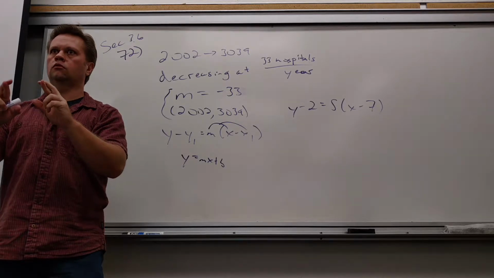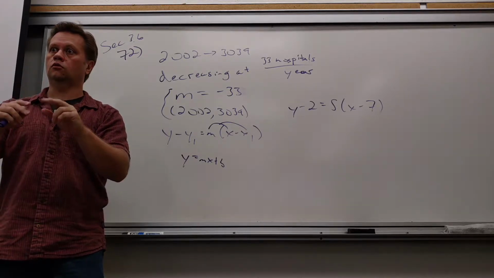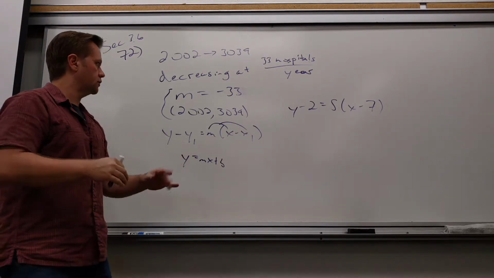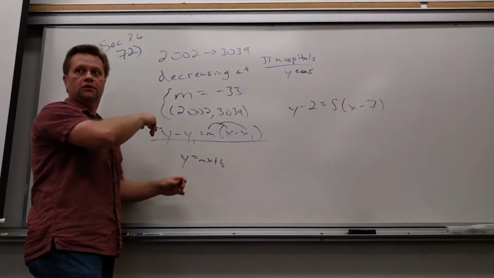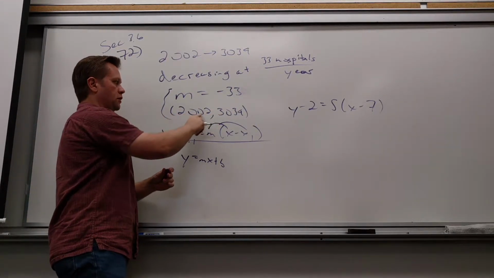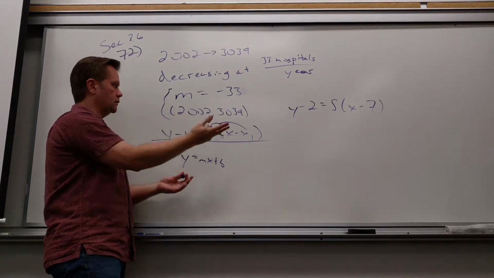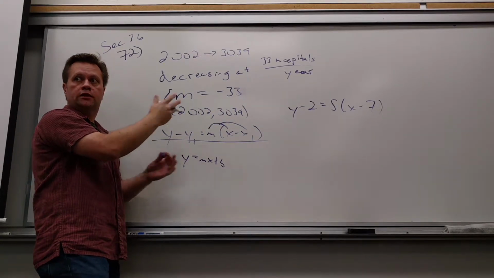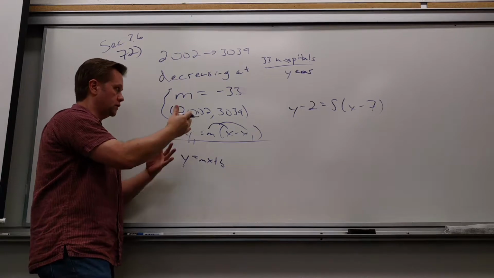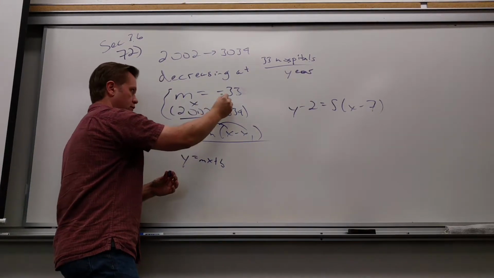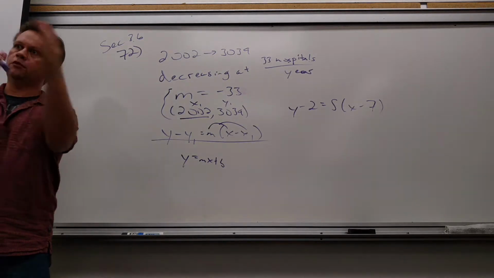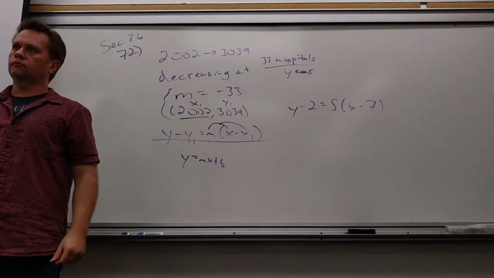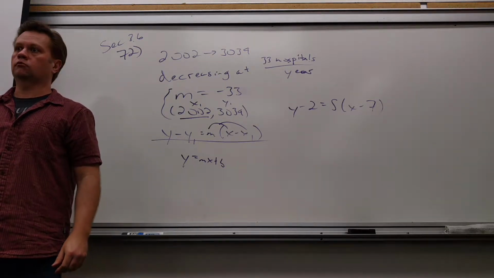So, x1 is not 3,039. Oh, I'm sorry. This is a different problem now. But what's x1 from this problem? What's the x piece of the point? x1 is 2002. 2002 is the x piece, and this is the y piece. So that's x1, y1. It's always x, y. I thought that x is 3,039 would be, y is 100.